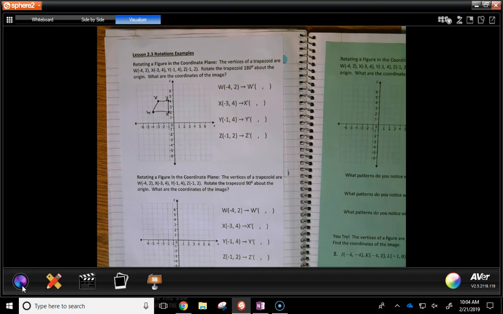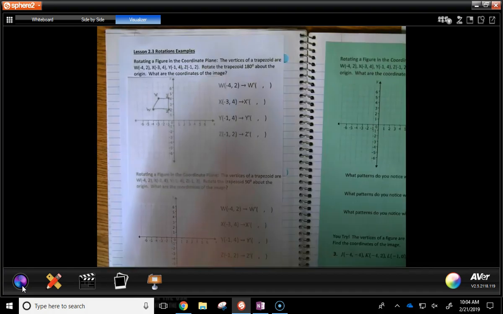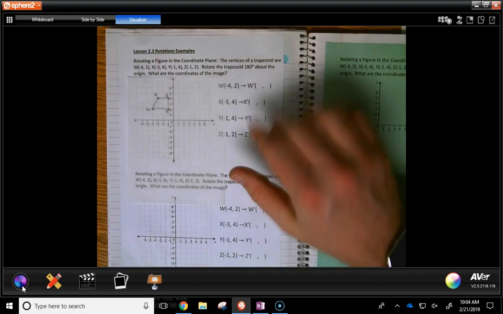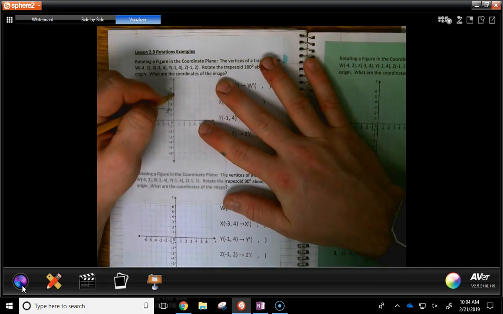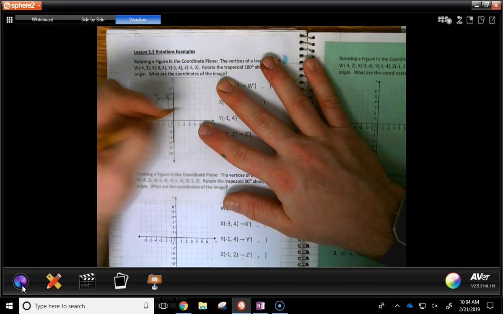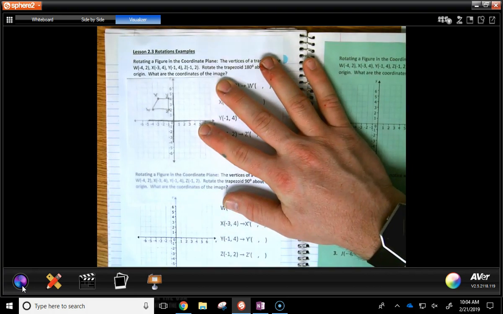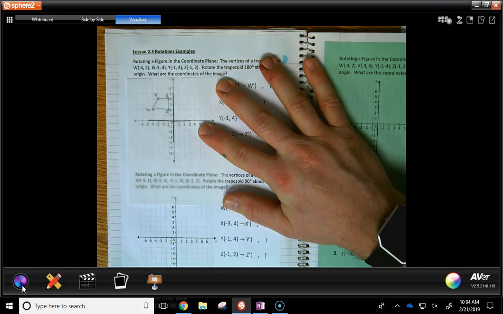Here's what I want you to follow along with me on. Take your transparency paper, and we're going to put it right over the top of this. Always mark where your coordinate or your X and Y axis are. Do it really carefully.